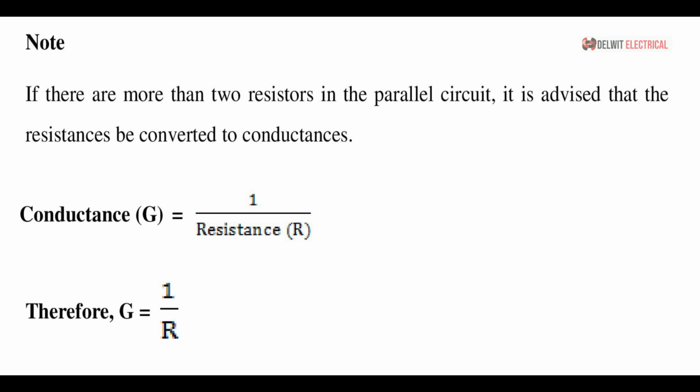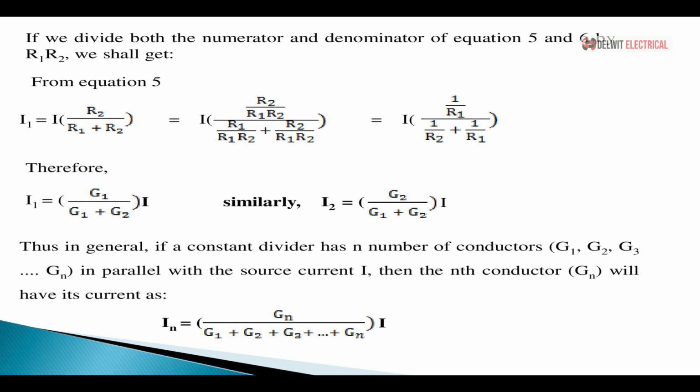What you have to do is convert all the resistors to conductances. Like I said, conductance is the inverse of your resistance. From the equation you can see, our G is equal to 1 over R. So if we divide both the numerator and denominator of equation 5 by R1 R2, we'll get I1 is equal to I times (R2 over R1 R2) over (R1 over R1 R2 plus R2 over R1 R2).